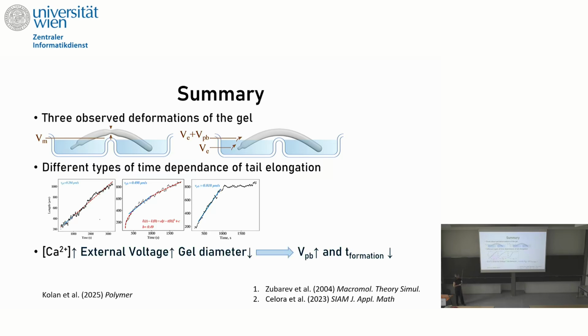We saw that as we increase the calcium concentration, increase the external voltage, or decrease the gel diameter, the phase boundary velocity gets higher, and the tail formation initiation time gets lower. The high variability that you saw is probably due to intrinsic differences between each gel we use, though we try to use the same conditions for each experiment.